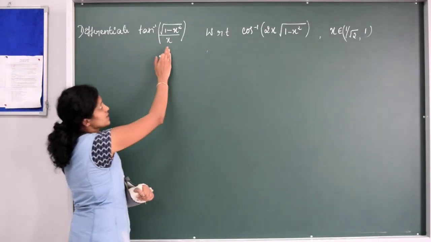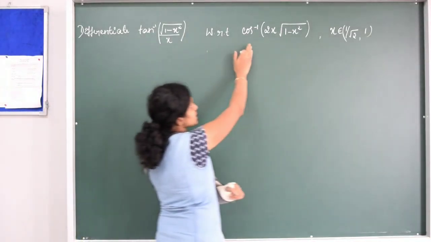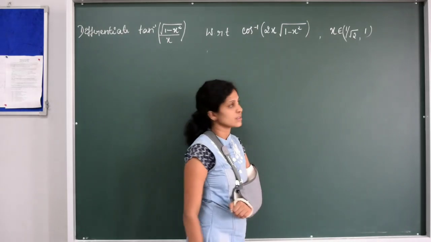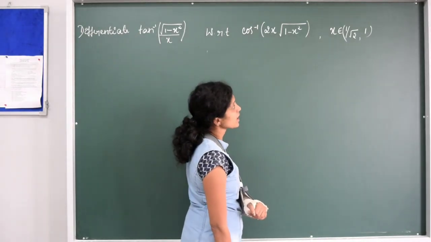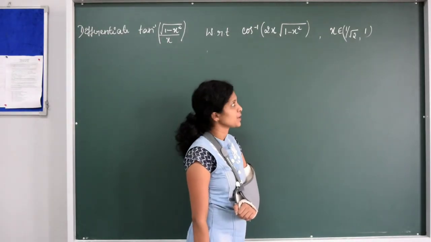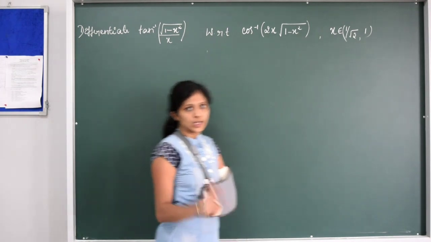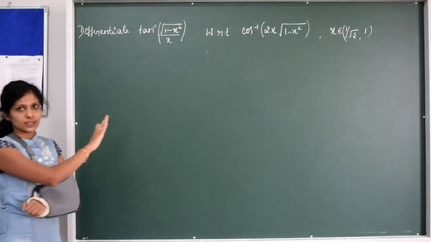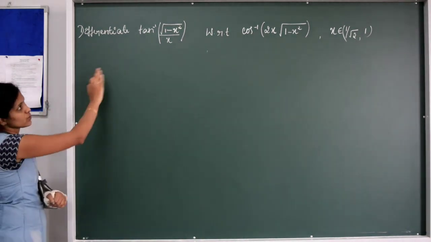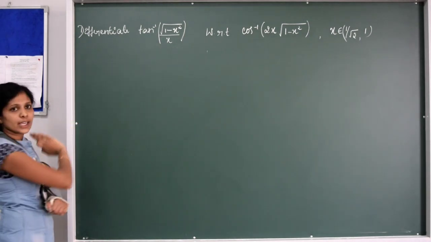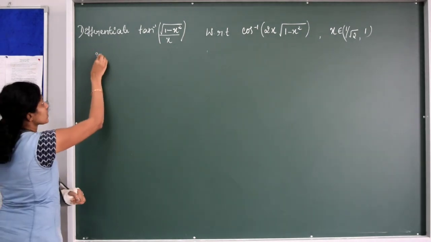Next: differentiate root of 1 minus x square divided by x with respect to cos inverse of 2x into root of 1 minus x square, where the value of x is between 1 by root 2 to 1. This type of problems are not important for theory, only for the objectives. See this one, directly we cannot differentiate this. For that, first you have to consider the function.